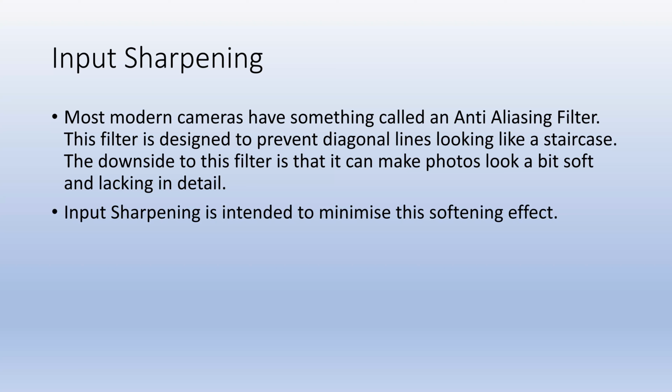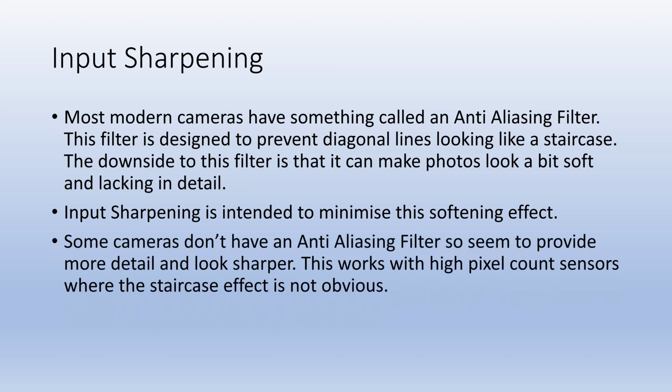Input sharpening is designed to minimize that softening effect. So it's adding more contrast in there. Some cameras don't have an anti-aliasing filter. So things like, for example, the Sony A7 Mark II, Mark III, Mark IV don't have an anti-aliasing filter. The Canon 5D didn't have an anti-aliasing filter.